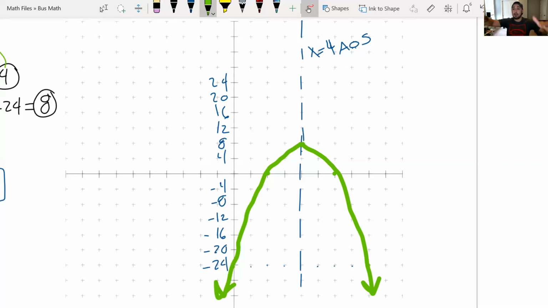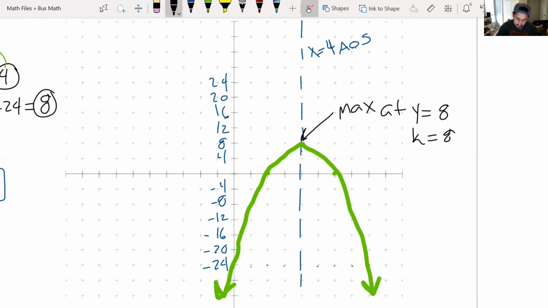And since our parabola opens down, we are definitely going to have a maximum. This is a maximum. And it's only a max at the y value. So max at y equals 8. Or we could even say k equals 8, because they're the exact same thing, right?